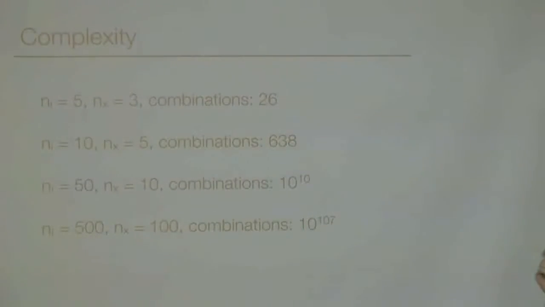This already approaches the dimensions of some practically relevant problems. So say 100 optimization variables, 500 constraints. This is 10 to the power of 107. Even the fastest computer in the world would not solve the problem just by enumerating all possible combinations.